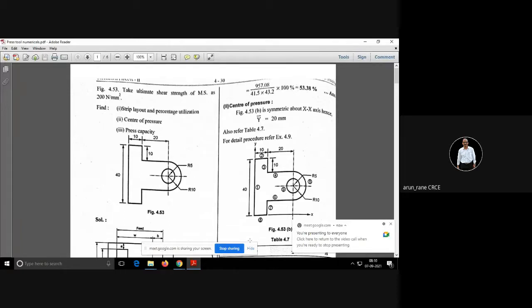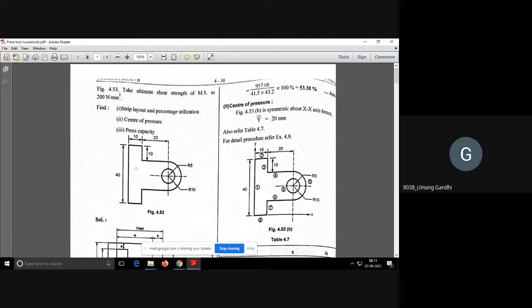This diagram, figure 4.53. Sir, 40 by 30. Read loudly, read each and every dimension. Sir, vertical height is 40. Then go clockwise. Okay, sir. So vertical height is 40.